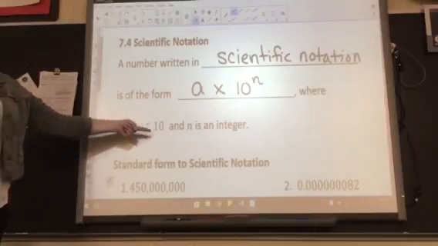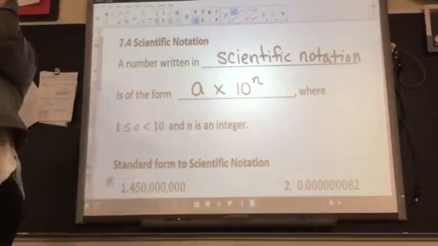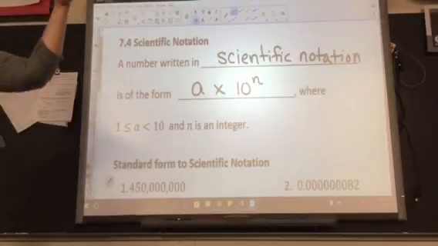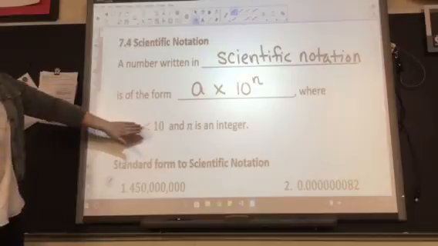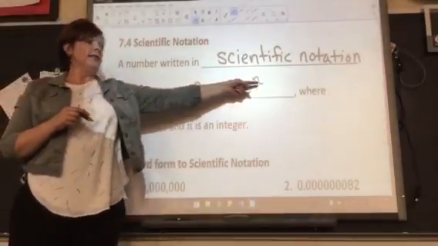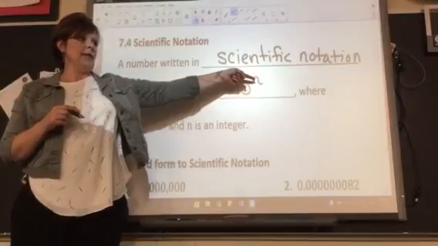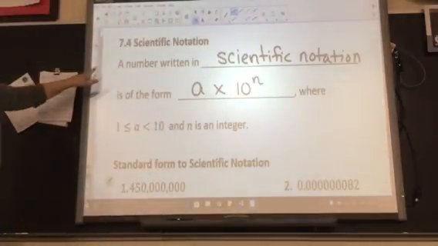A can equal 1, but it can't equal 10, meaning that you can only have one digit in the ones place, then a decimal, and then you can have tenths, hundredths, thousandths, but you only have a ones place value. And the n has to be an integer. So no fraction, no rational exponents, it has to be an integer. It can be positive or negative, but it has to be an integer, okay?